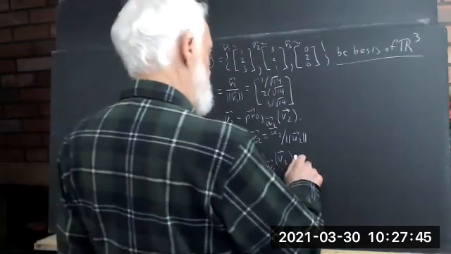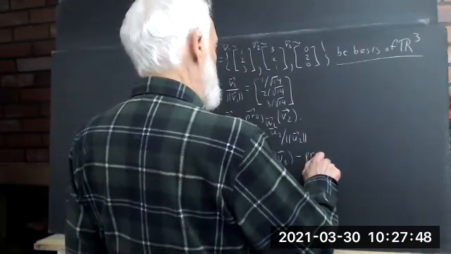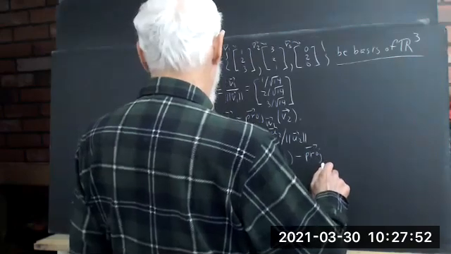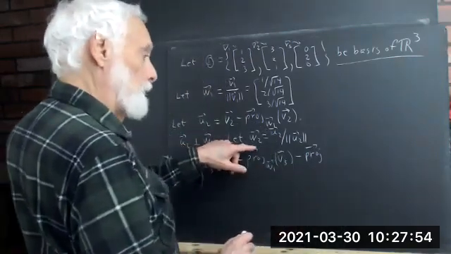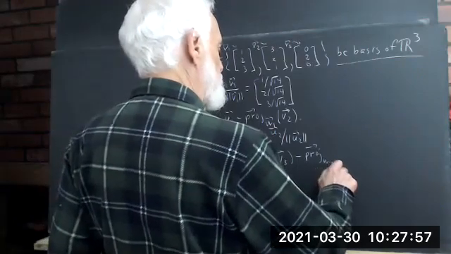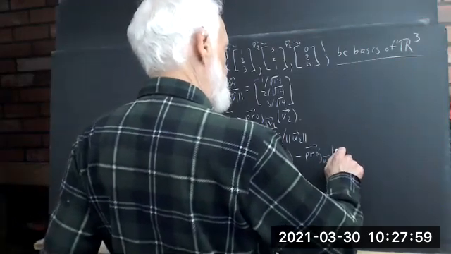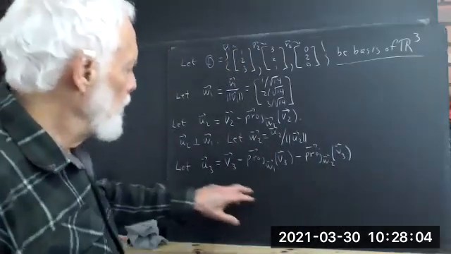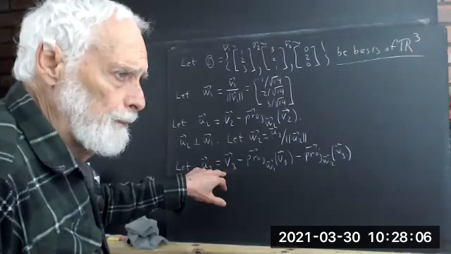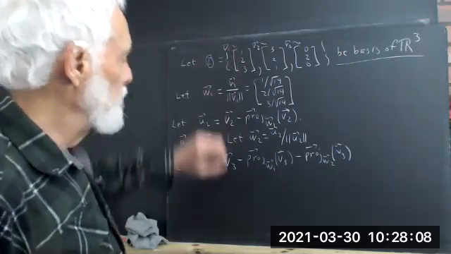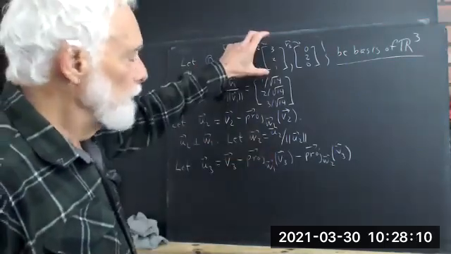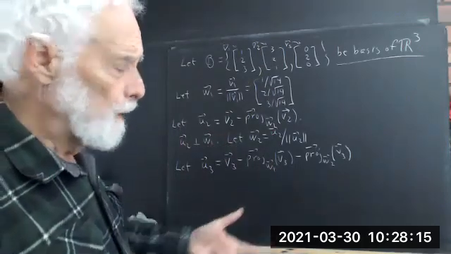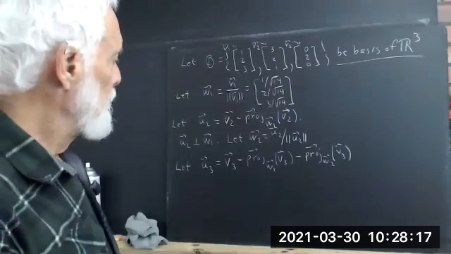So to make sure that happens, we can subtract off its projection onto W2 of the same vector, because we're trying to take away the parts of V3 that are parallel to V1 and parallel to V2. Okay, how do we take off the parts that are parallel to these vectors?